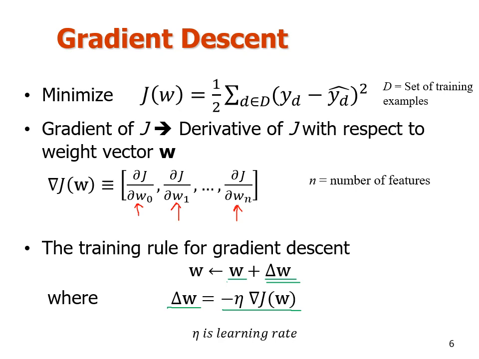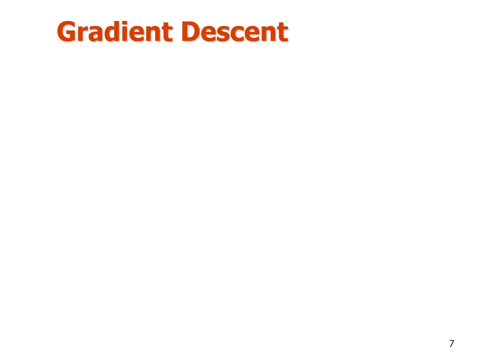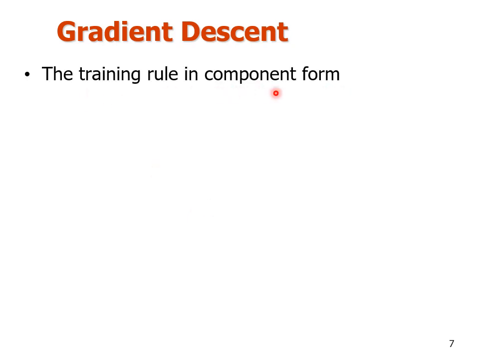Whenever we say that we would like to update the weight vector, we mean we would like to update each individual element of the weight vector, and thus we can write the training rule in component form as well. So the training rule in component form can be written as wi is equal to wi plus delta wi.